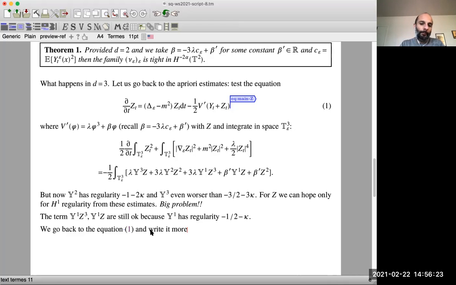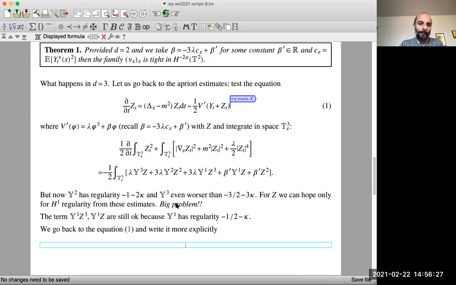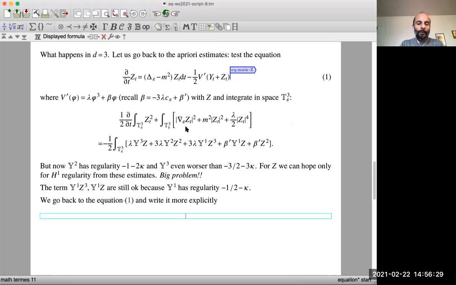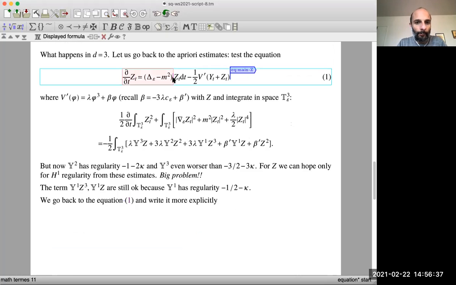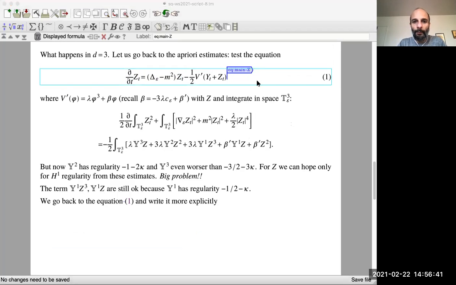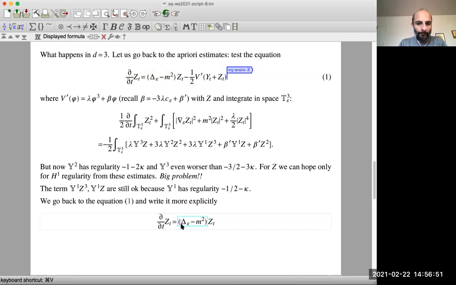Let's see what the problem is. Somehow the problem is that you cannot really get the estimates you want from here. So let's go back. Sorry, here there is a dt which should not be around. How does this equation look? It was something like this. So let me just write it formally.